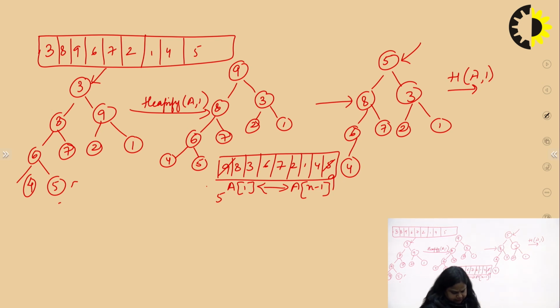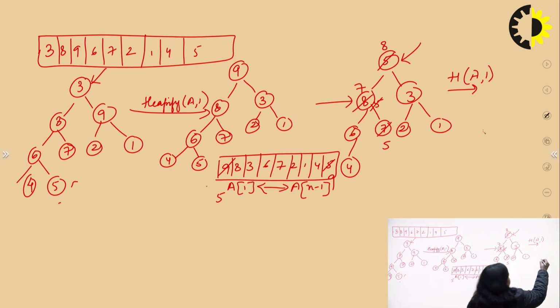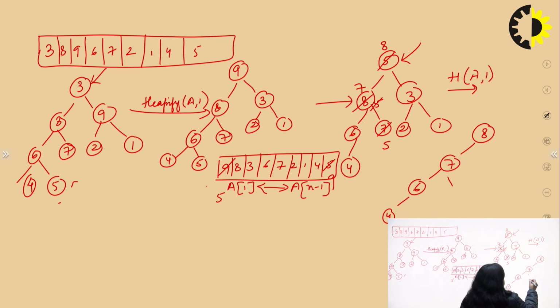After swapping, 8 comes here, but 5 comes here, and 6 and 7 both are greater than 5. So what we need to do? 7 comes here, 5 comes here. This is what we internally swap the elements. So into this case, we are getting 8, 7, 6, 4, 5, 3, 2 and 1.